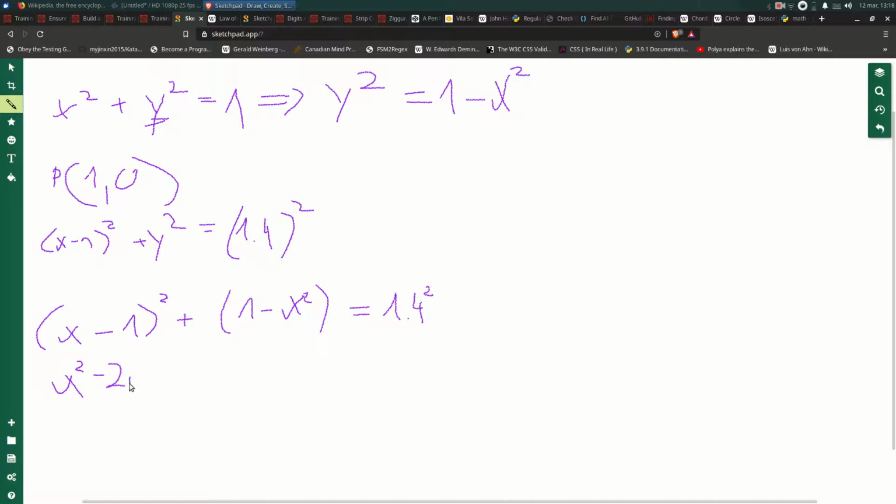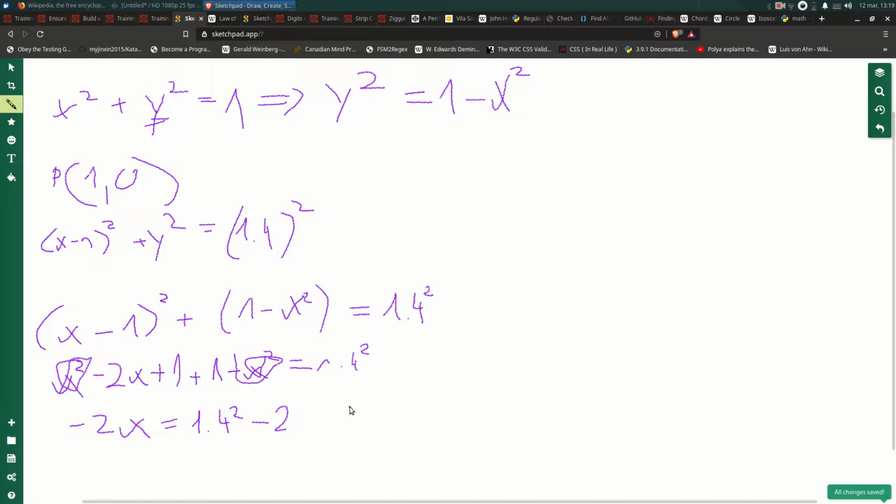minus 2x plus 1 plus 1 minus x² equals 1.4². This x² and that x² can be deleted, so we say minus 2x plus 1 equals 1.4² minus 2.